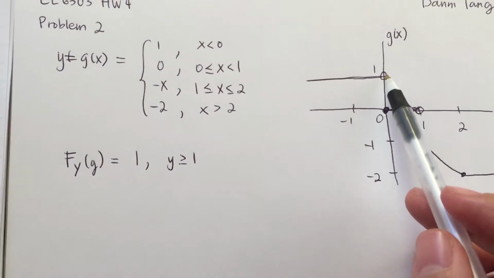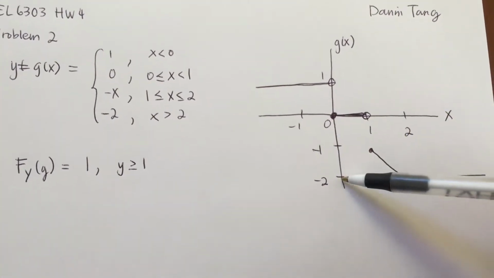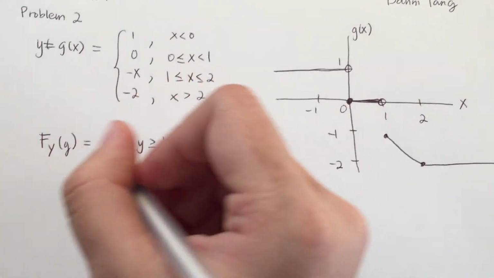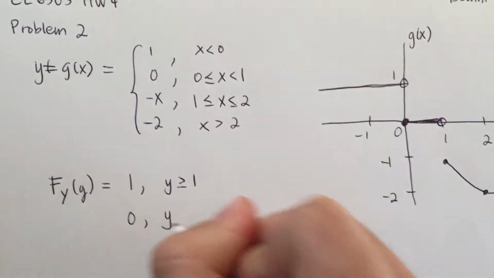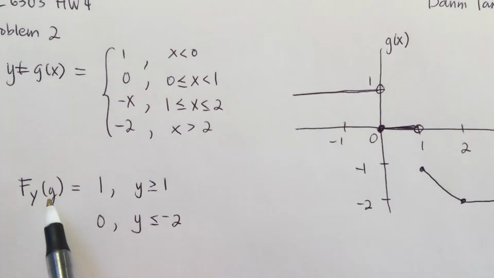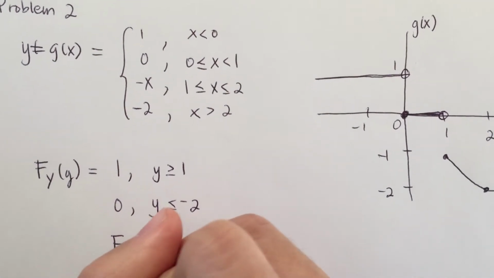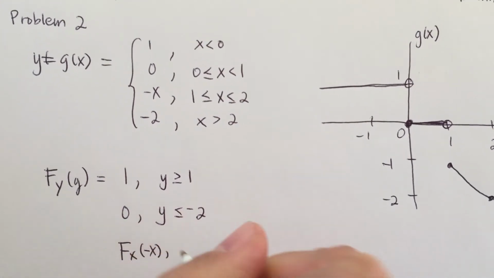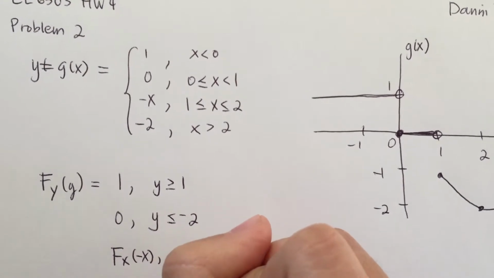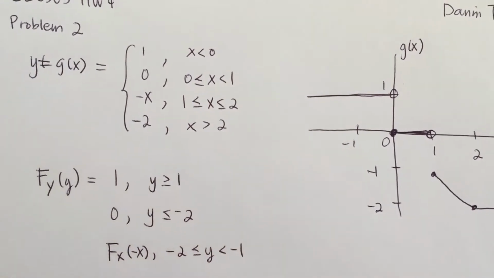And you can see that the bounds for this graph are y equals 1 to y equals negative 2. So it's 0 at y smaller or equal to negative 2, because this has to add up to 1. And then it is negative x for y greater than negative 2 but smaller than negative 1.